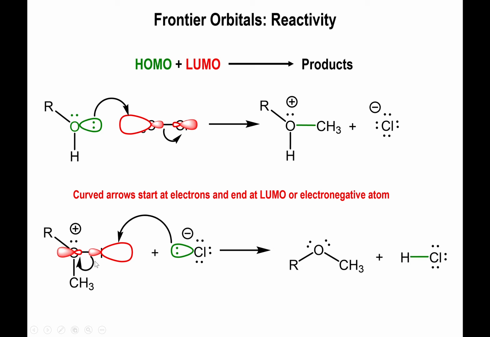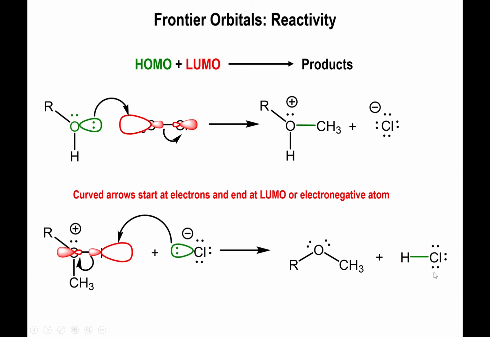Now, when that happens, you have broken that OH bond. In the process, the 2 electrons that were part of that bond are now exclusively on the oxygen. So the oxygen now has more electrons than it used to have, so its charge goes down by 1 unit. So it goes from +1 to 0. And the chloride is giving its electrons away to form the HCl bond, and in doing so, its charge goes up by 1 unit from -1 to 0.